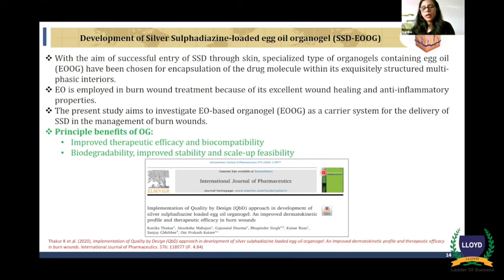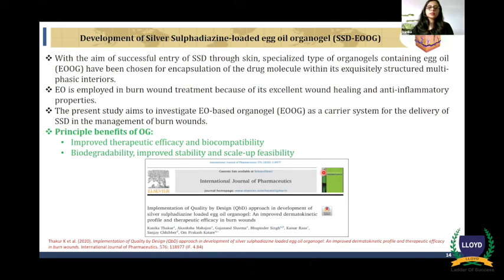And moreover, in some cases, this kind of film which forms on the skin surface has even given rise to bacteria, as well as reduced healing of the wounds. So the aim was not only to have successful entry of the molecule through the skin, but also to provide such an environment to the physiology of the skin, which would contribute towards its hydration as well as natural healing.